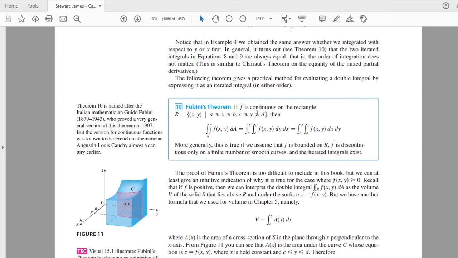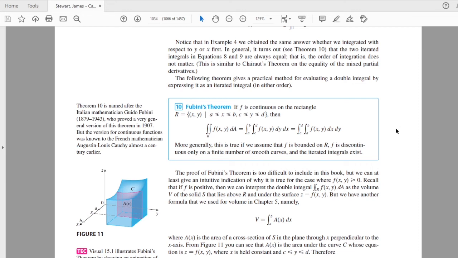So if f is continuous on the rectangle, x from a to b, y from c to d, then when you take the double integral over the region, dA, A representing the area in the xy plane, we can do a to b, c to d, dy dx, or we can do c to d, a to b, dx dy.